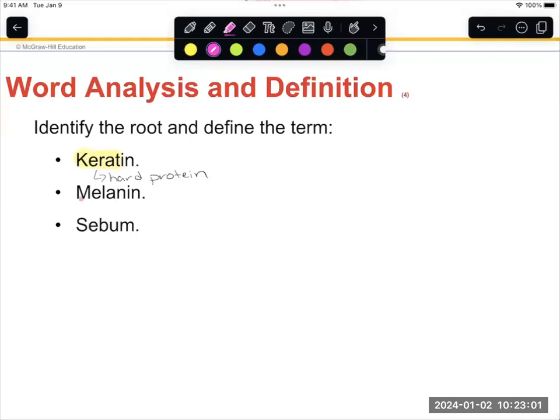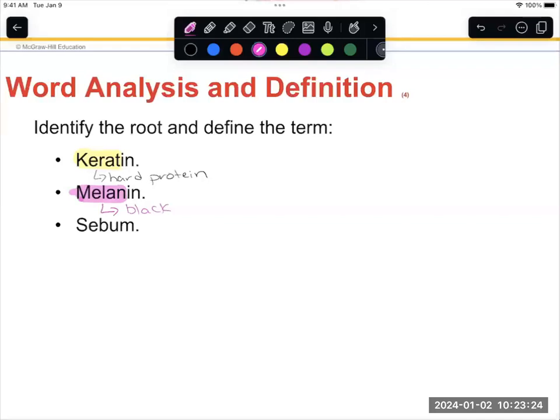And then we have melan. Melan is going to mean black. So this is a pigment, a color that is found, again, in your skin, giving you your skin color.